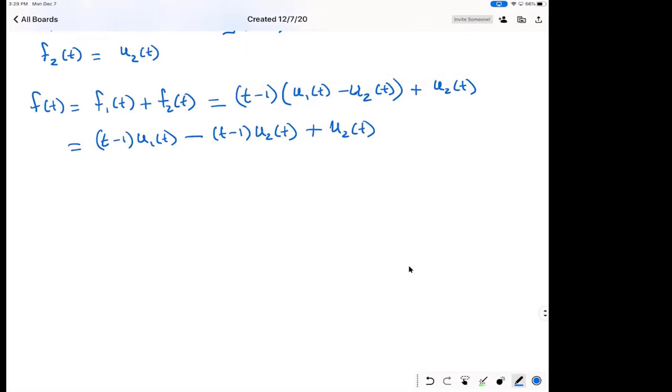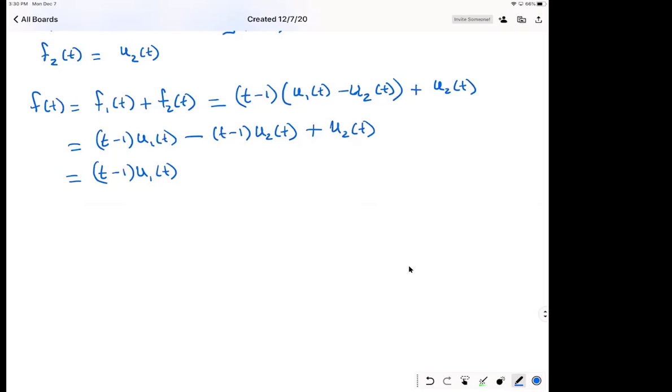So I've multiplied that t minus 1 to both of those terms. I'm going to leave the first one alone for the reasons I said. I have this nice t minus 1 situation with a u sub 1, so I'm going to take advantage of that with the second shifting theorem.